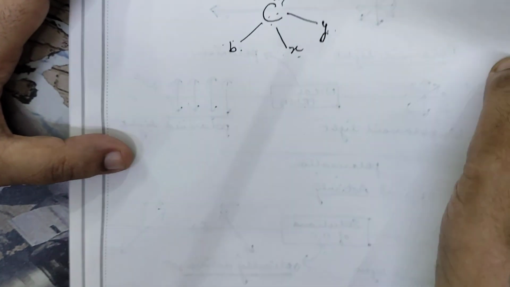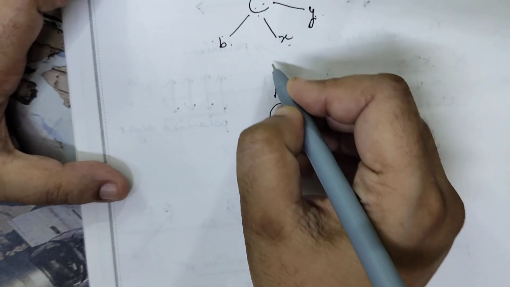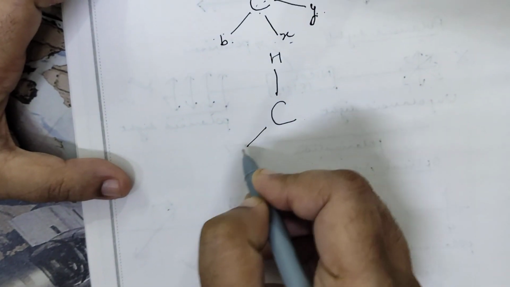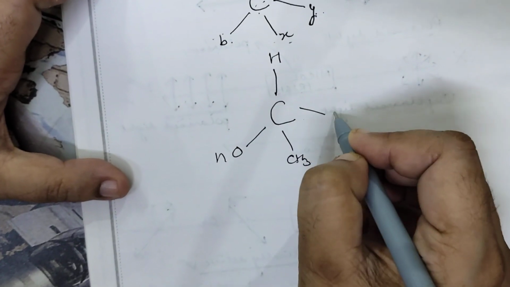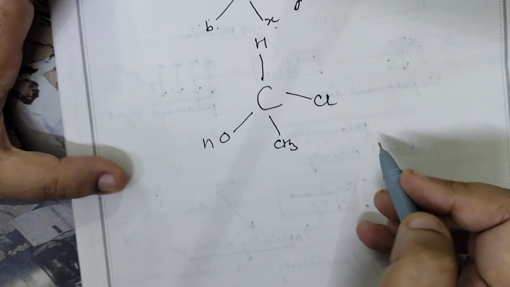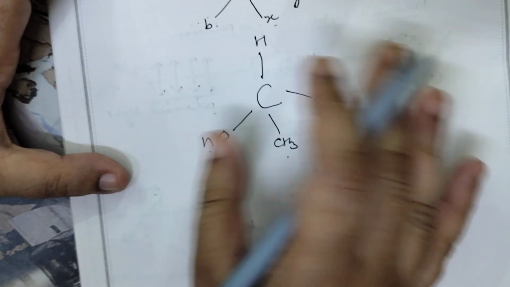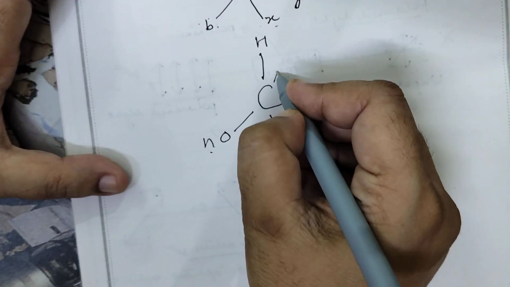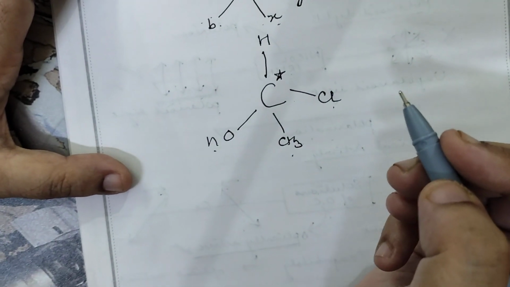For example, if this is the carbon and it is attached to hydrogen, hydroxyl, methyl, chlorine, you can see that these 4, H, OH, methyl, Cl, are all different groups. Then this carbon will be known as chiral carbon, and we will show it by an asterisk sign.